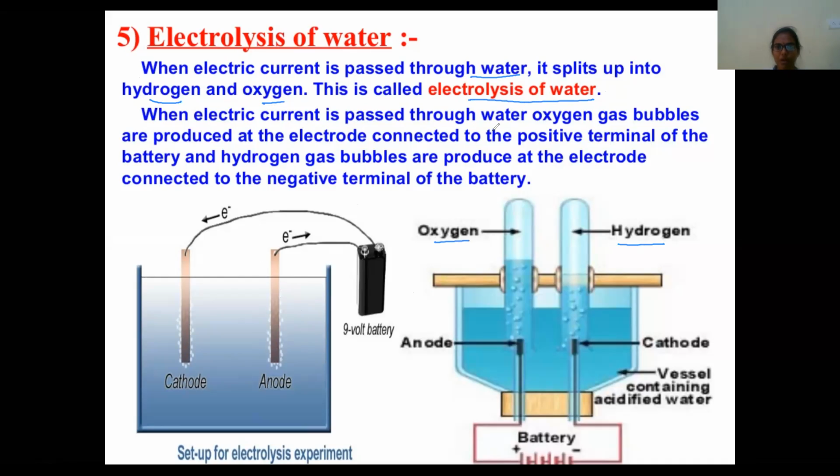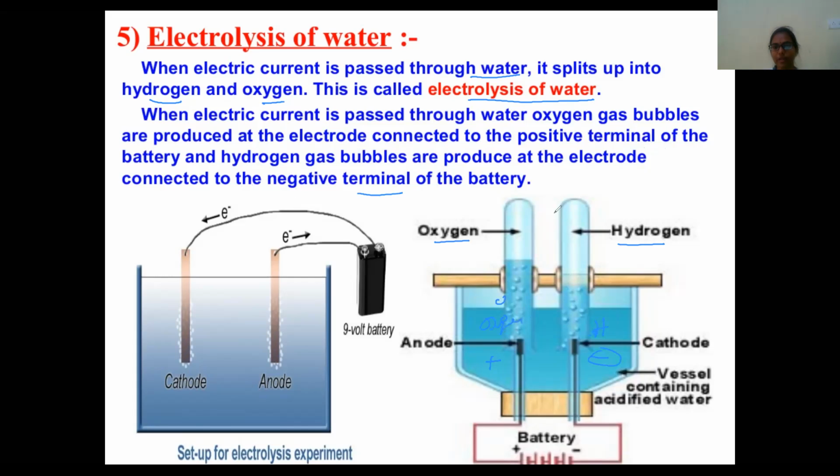When electric current is passed through the water, oxygen gas bubbles are produced at the electrode connected to the positive terminal. This is the positive terminal. Gas bubbles will deposit at the positive terminal of the battery, and hydrogen gas bubbles are produced at the electrode connected to the negative terminal. This is the negative terminal. Here the hydrogen will come and here the oxygen will come.